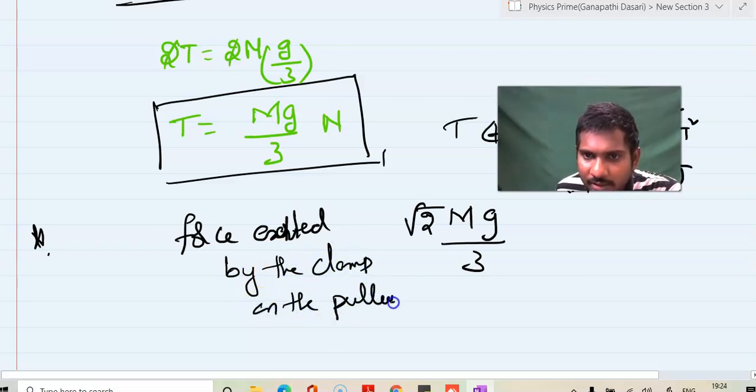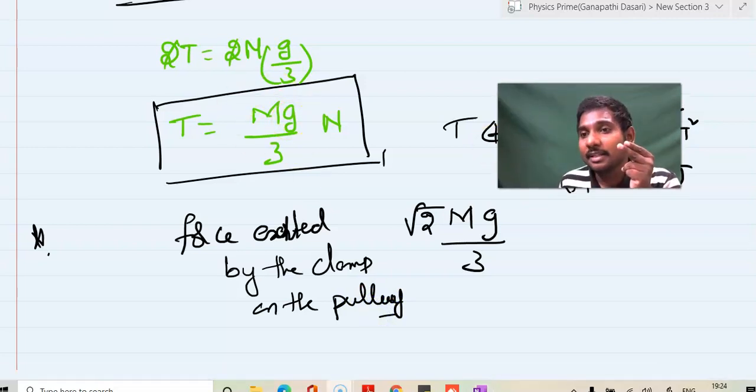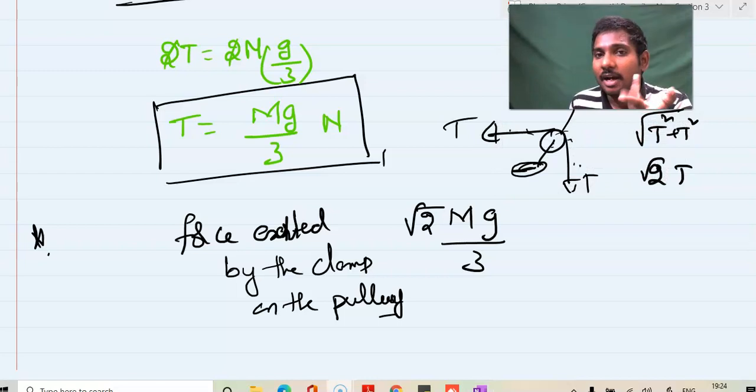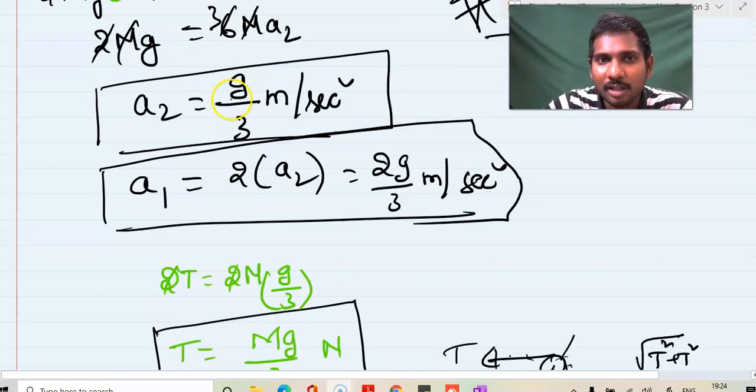This is a quality question, because in this we found the acceleration with multiple strings connected and a complex pulley arrangement, and then we found the tension, and we used the technique of taking the net force on the pulley to be 0, finding the force exerted by the clamp on the pulley also. So this is a high quality question.